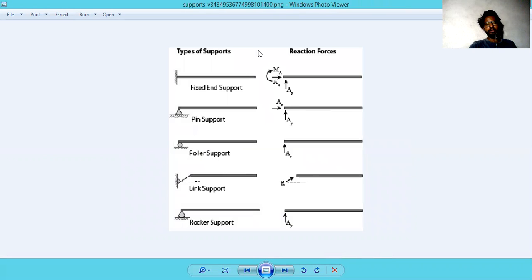This is the load I'm going to discuss. In this way you can give the load, and in this way we apply the unknown reactions on that beam.